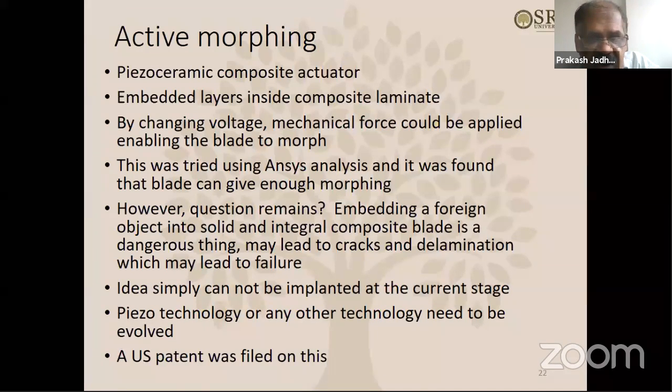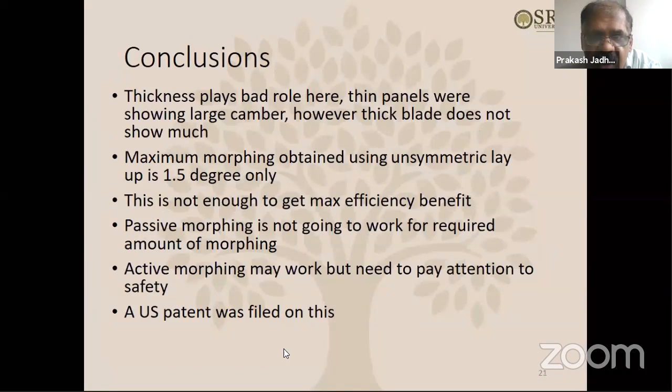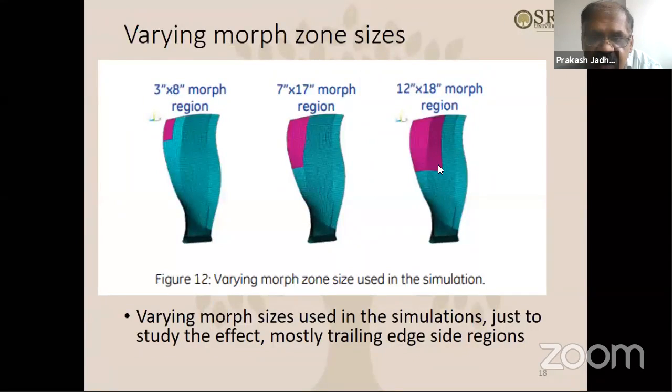So by changing the voltage, mechanical force could be applied, enabling the blade to morph. This was the idea. I'm talking about that red region that we saw here. Inside this red region, we embed some piezoceramic layers inside the laminate layup, and then try to do this morphing by exciting them.